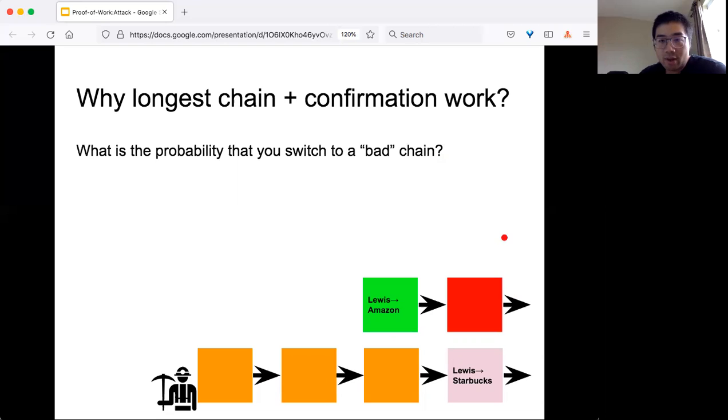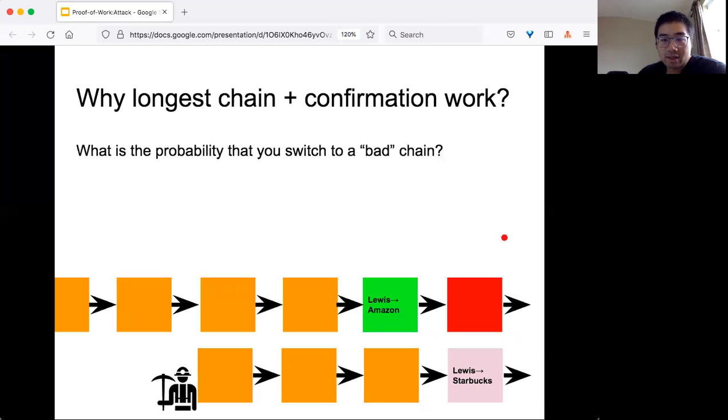That means the other miner got lucky and the top chain grows much longer, then this miner switches chains, and the block with the Louis-pays-Starbucks transaction gets missed. This is the bad probability that we should try to avoid.